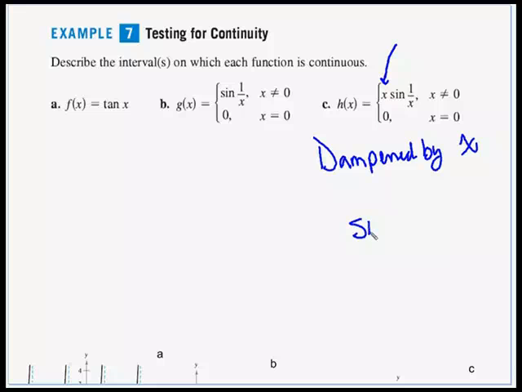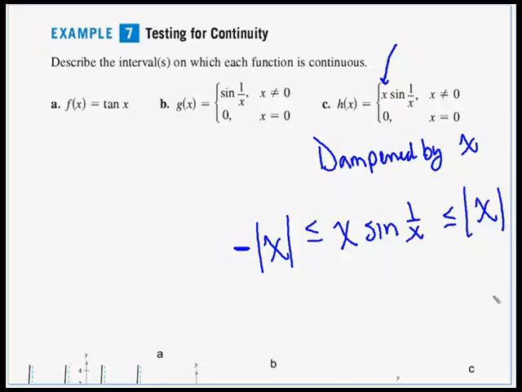Remember, sine usually goes between 1 and negative 1. Well, now, since we have this x out in front, x times the sine of 1 over x is going to be sandwiched in between whatever our amplitude is. And that'll be the negative absolute value of x and just the plain old absolute value of x.